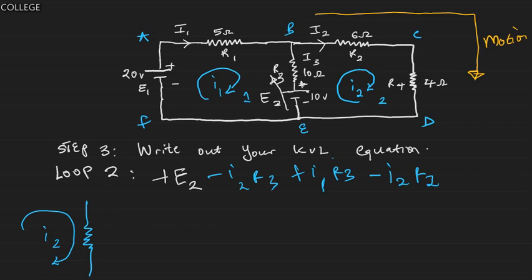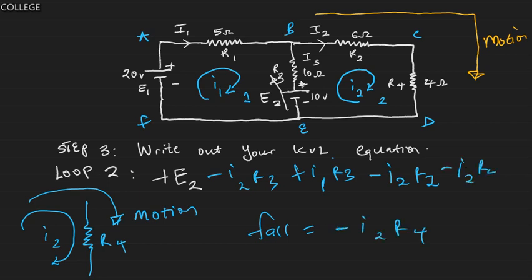Considering resistor R4, our direction of motion is clockwise and our direction of current, mesh current I2, is also clockwise. So once again we have a fall in potential, which gives us minus I2 R4. From KVL, the algebraic sum of voltages in a closed loop equals 0.